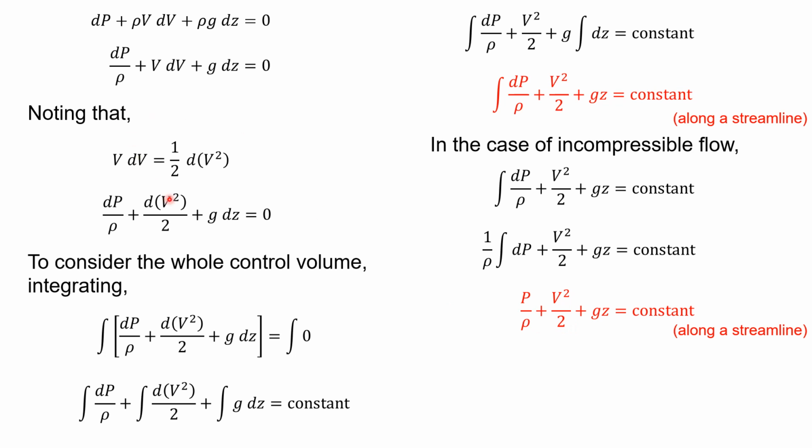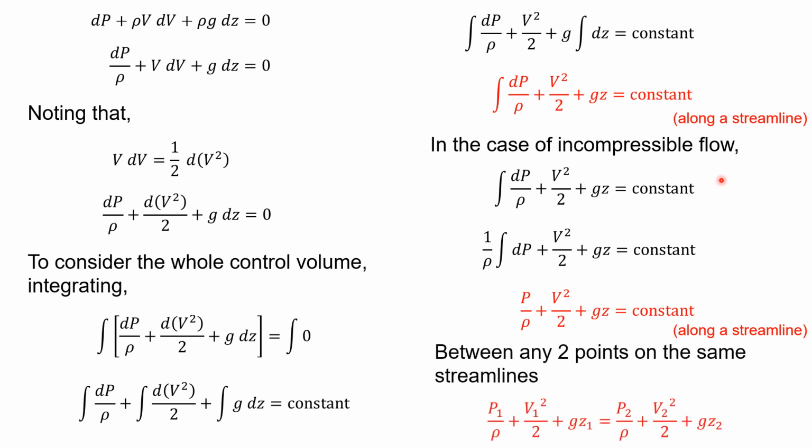So you need to tell what are the examples that I have given earlier, the projection in the z x graph, and how the acceleration plays an important role. So maybe I can ask that kind of question instead of a mathematical derivation. The mathematical derivation I won't ask. Okay, so between any 2 points on the same streamline, you will have this value. So this is the Bernoulli's equation that we will use for calculations.